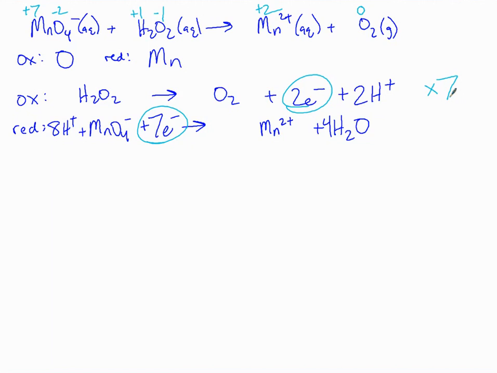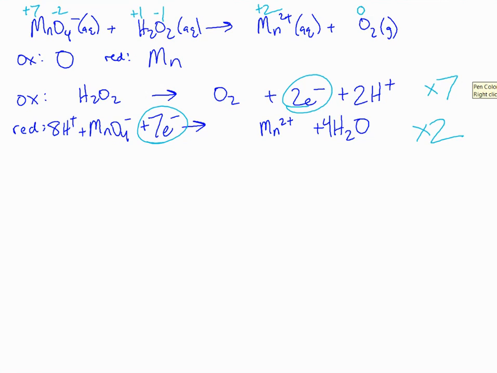All the coefficients and all the electrons. And for the reduction, we're going to do times 2, all the coefficients, all the electrons. Least common multiple is 14. That's how we came up with this.